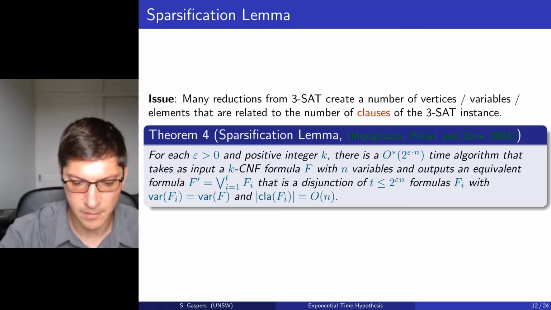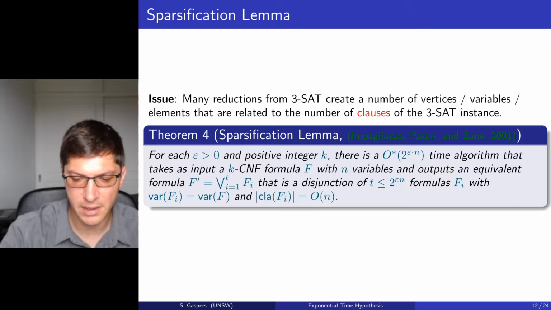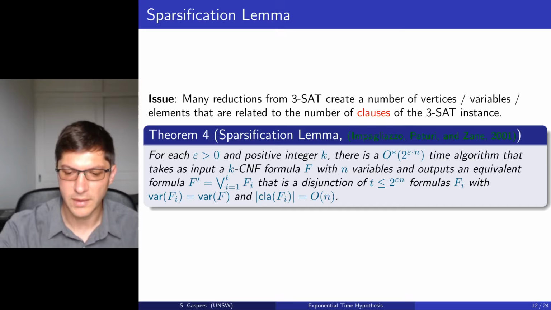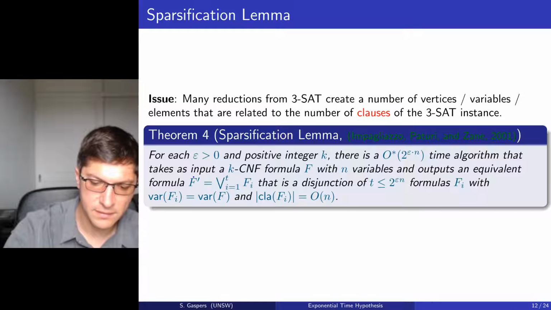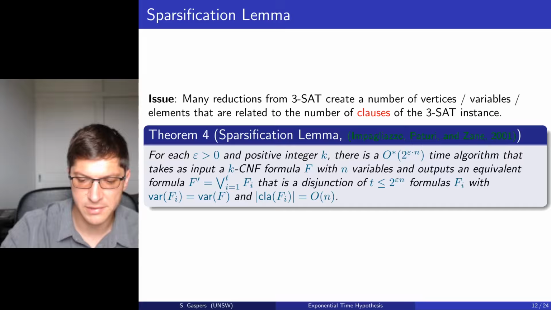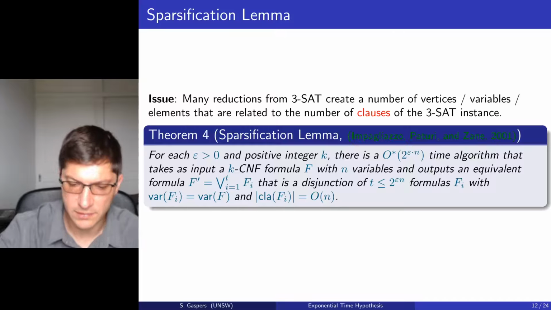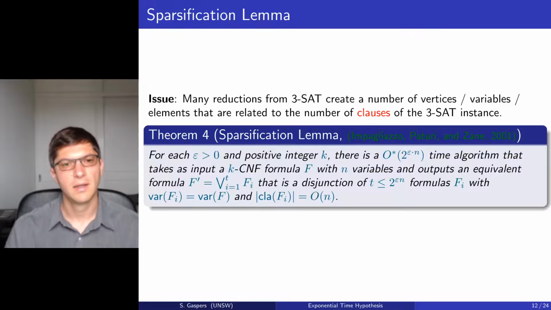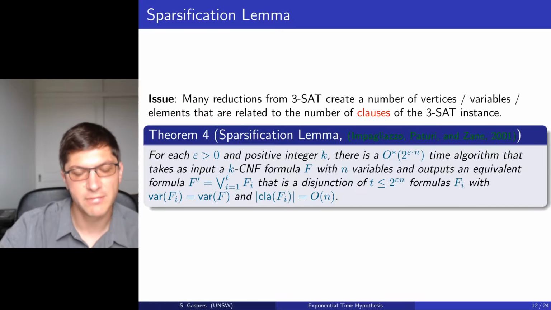So it says that for each epsilon greater than 0, and this epsilon will allow us to speak about these sub-exponential running times here, and each positive integer k, let's take k equals 3 because we are talking about 3SAT mainly, there is a sub-exponential time algorithm that takes as input a 3-CNF formula with n variables, and it outputs an equivalent formula that is much larger, so it has actually sub-exponential size, and it is a big OR, a disjunction, of a sub-exponential number of formulas fi, where every formula fi has the same variables as f, and each fi is sparse.